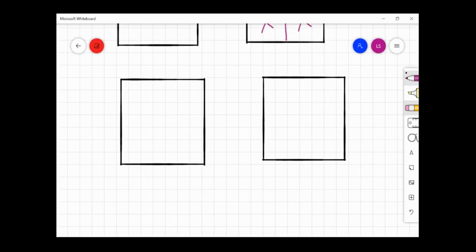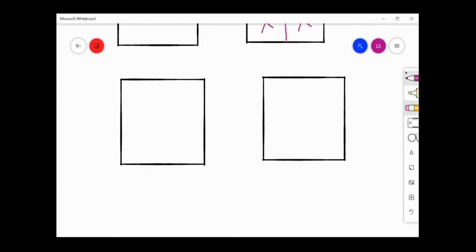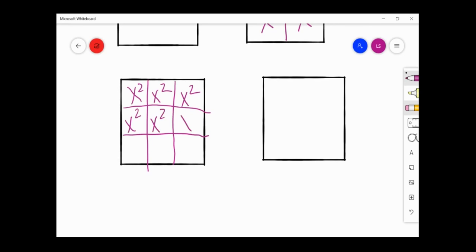All right, let's take another look at a perfect square. If I was to keep going with x squareds, I can break this up into 9 pieces, and I can put an x squared into each box, right? So another type of perfect square with x squareds in it is 9x squared.